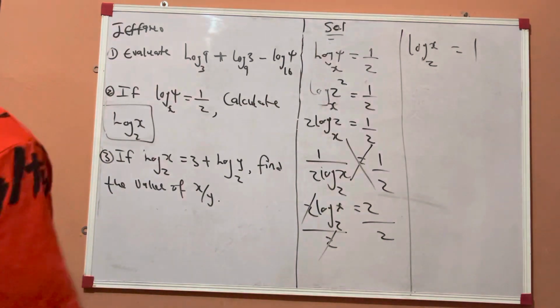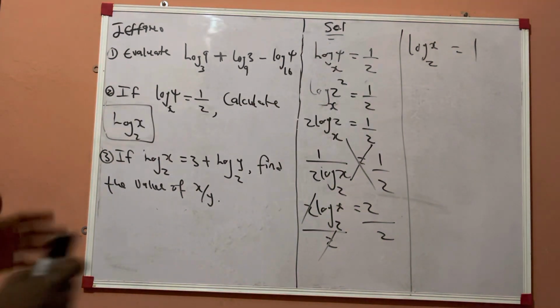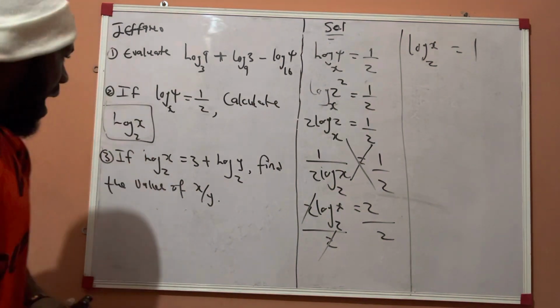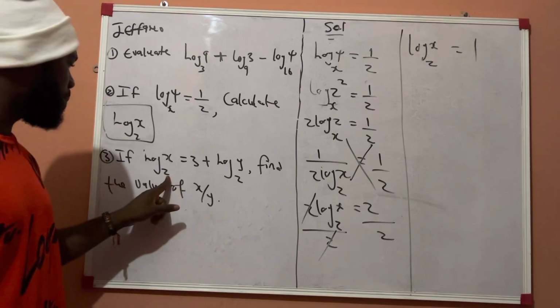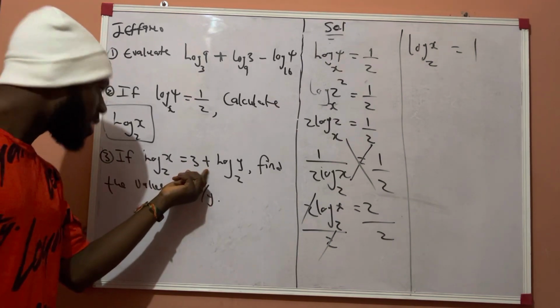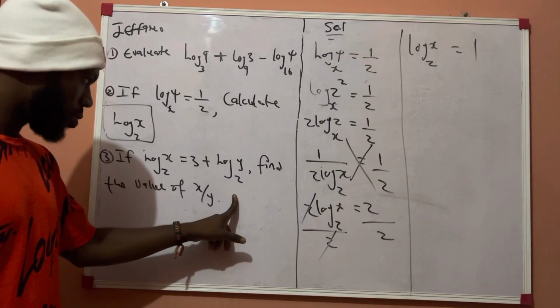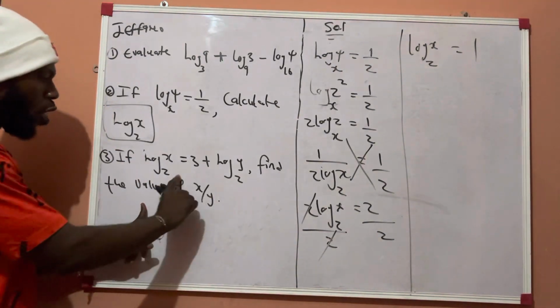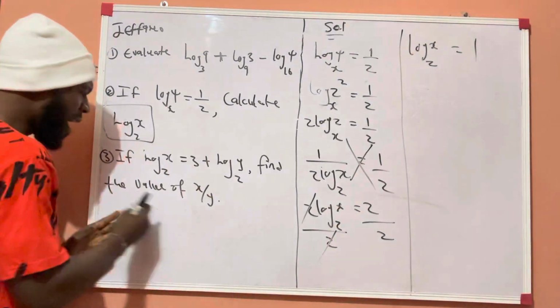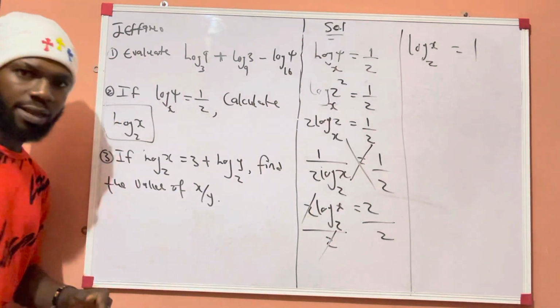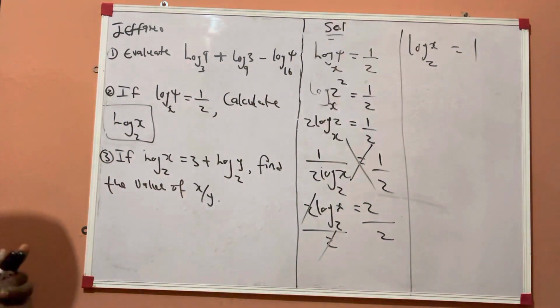Now, class, the last question which we have today is question number 3. And the question says, if log x base 2 is equal to 3 plus log y base 2, find the value of x over y. Now, how do we go about this question?